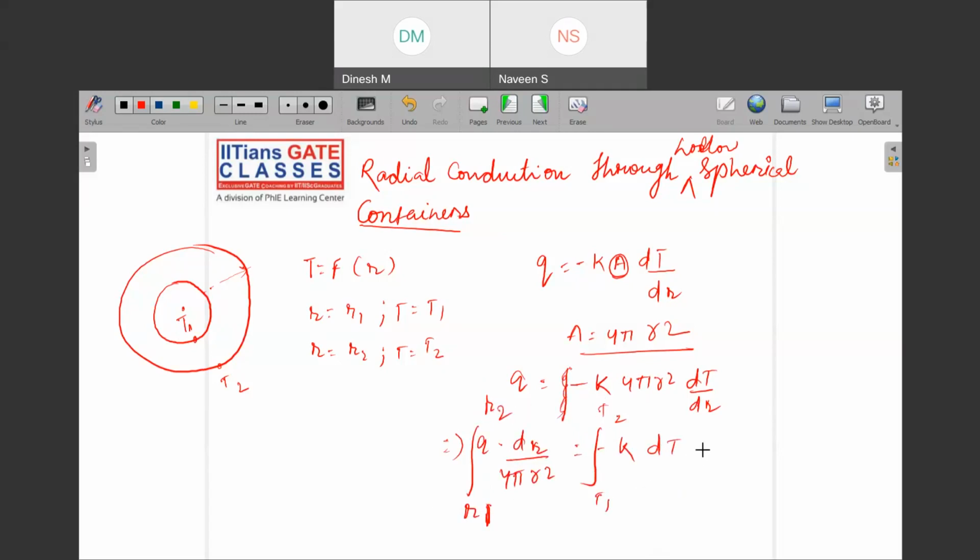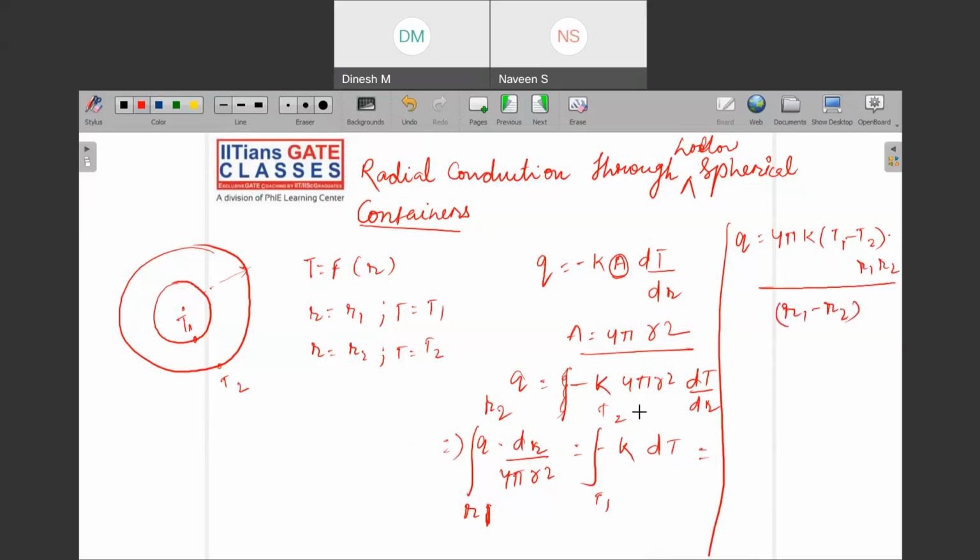When you integrate it, Q comes out as 4 pi k (T1 minus T2) multiplied by R1 R2 divided by (R1 minus R2).